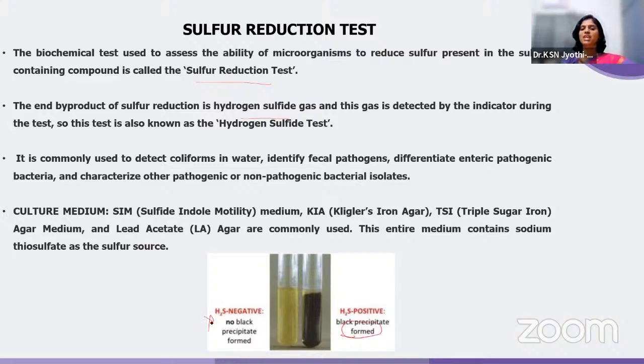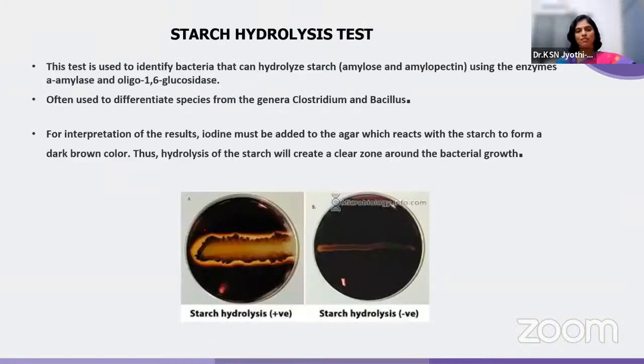If the hydrogen sulfide gas is not produced, no black precipitate forms. For this, you have a specific medium called sulfur indole motility medium, or SIM medium, very prominently used to differentiate between coliform bacteria and Enterobacter. Other media that are used include triple sugar iron medium and lead acetate agar medium. They're all used to study the ability of the bacteria to reduce sulfur.